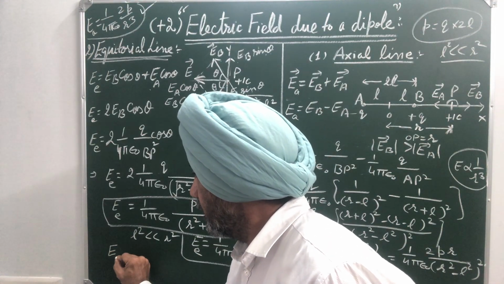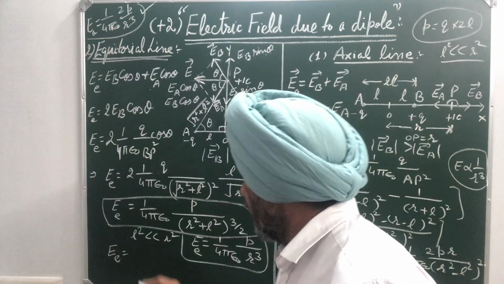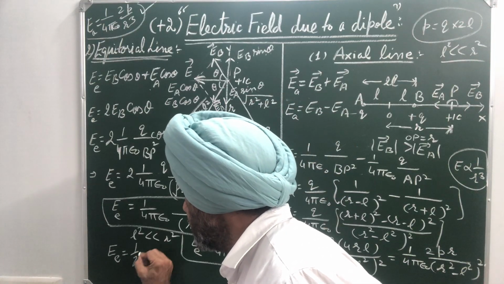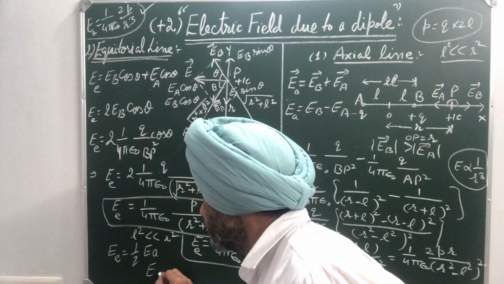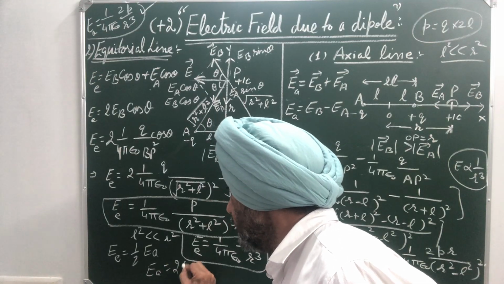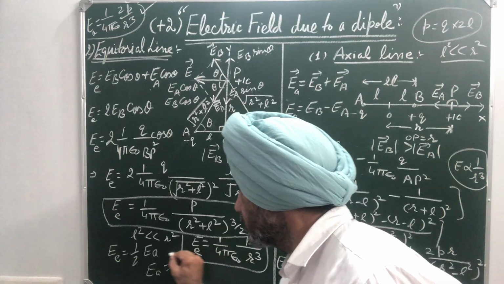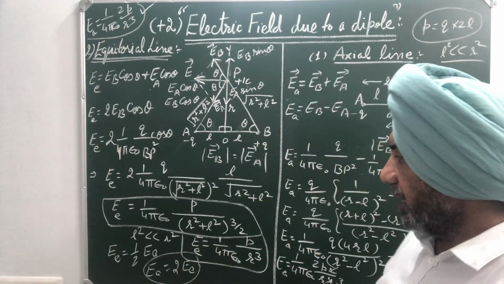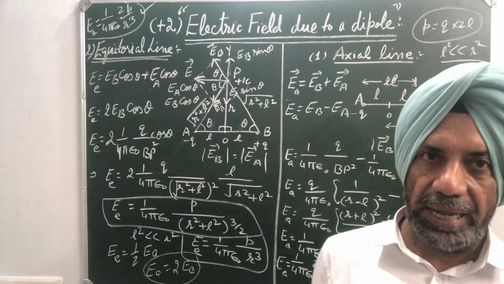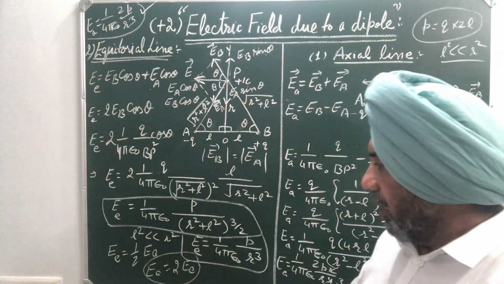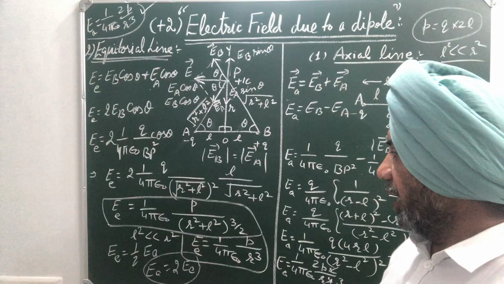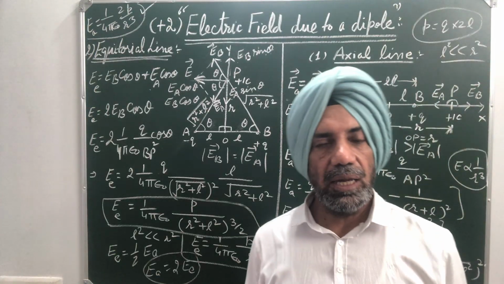It means EE is equal to half EA, or EA is equal to 2EE. That is, the electric field due to a dipole at a point on the axial line, for the same distance from the center of the dipole, is equal to twice the electric field at a point on the equatorial line.